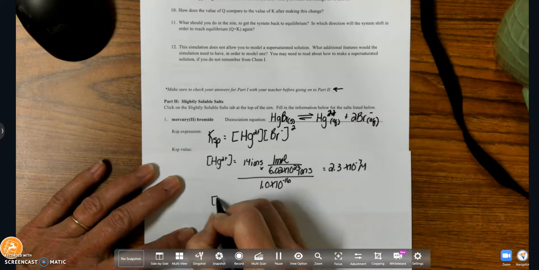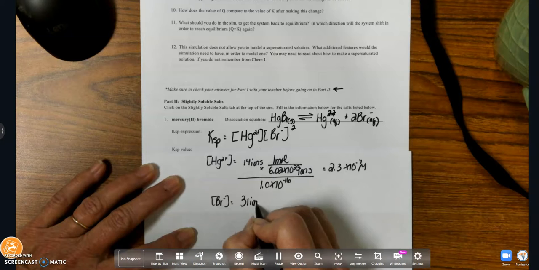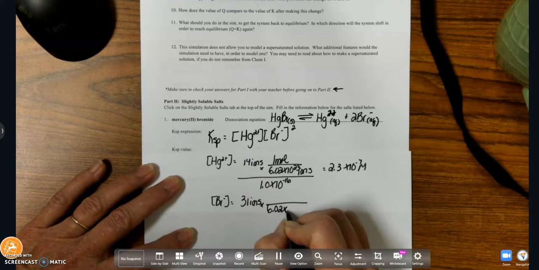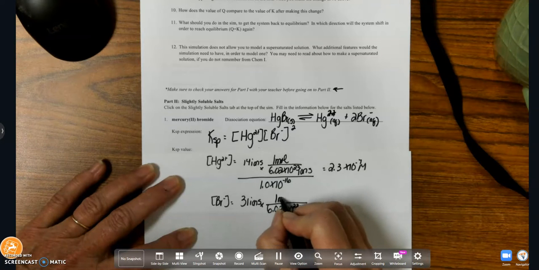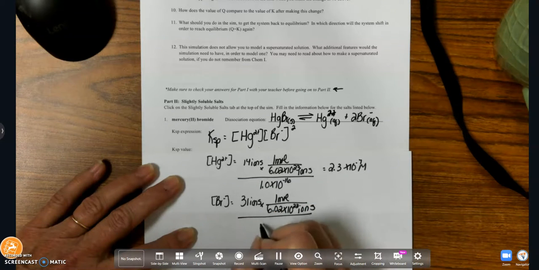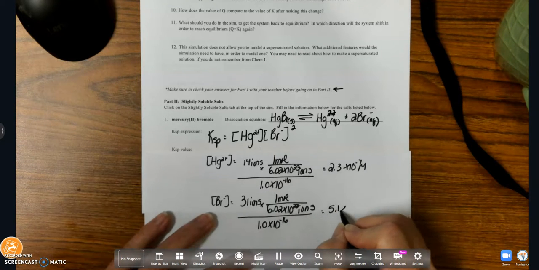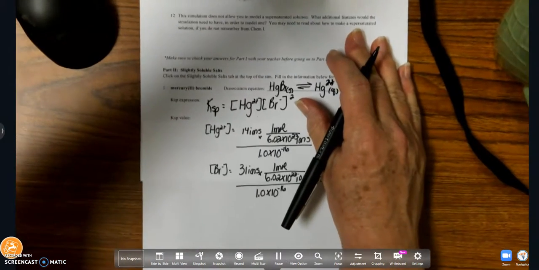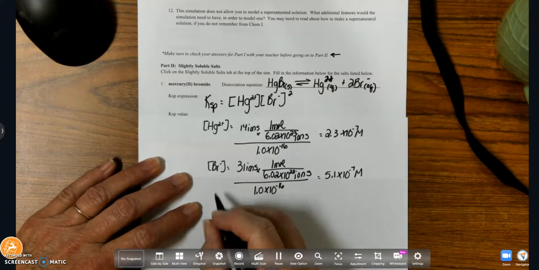If I do the same thing for Br minus, I get 31 ions. In this case, it's not the same, is it? 6.02 times 10 to the 23rd ions is 1 mole, and divide all of that by 1.0 times 10 to the minus 16, and that's 5.1 times 10 to the minus 7 molar. All right, so I'm going to plug all of that into my equilibrium expression.